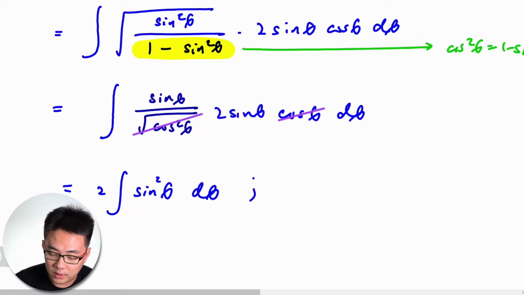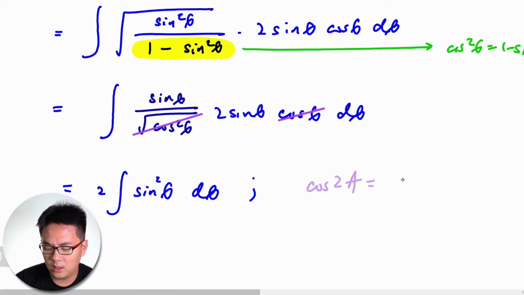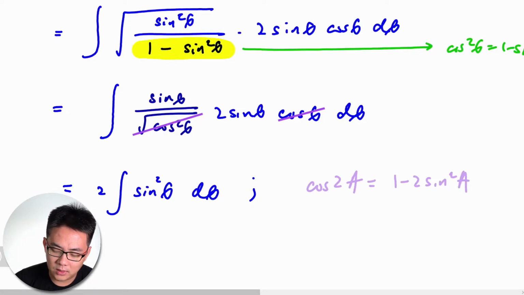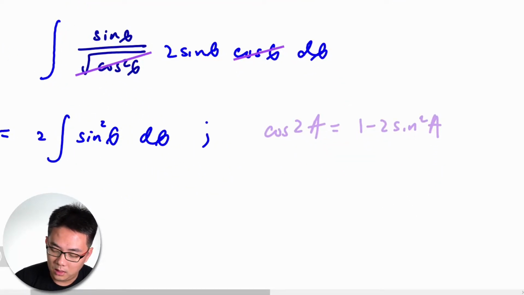Once you see sine square theta, you need to use the double angle formula for cosine 2 theta. Cosine 2a is 1 minus 2 sine square a. Use this formula, because this could be integrated and this could be integrated.